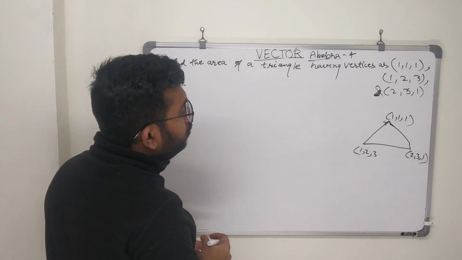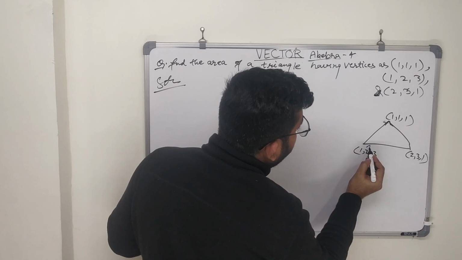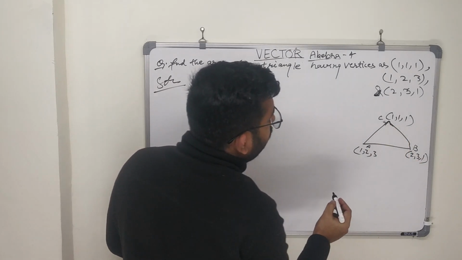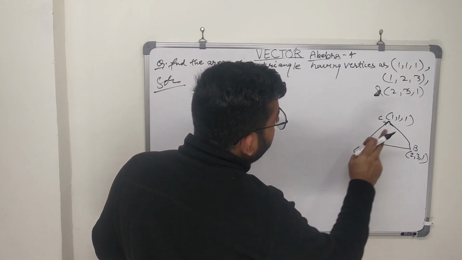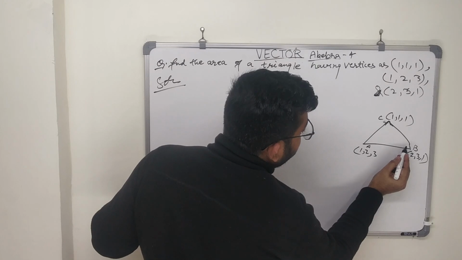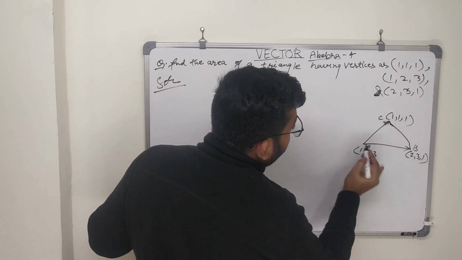And this is the point A, this is the point B and this is the point C. So suppose that we are going to take the two sides, that is AC and AB, and consider them as vectors, that is vector AC and vector AB.